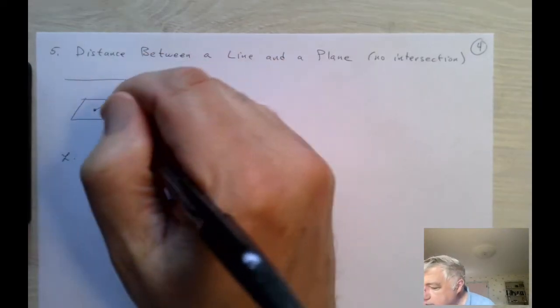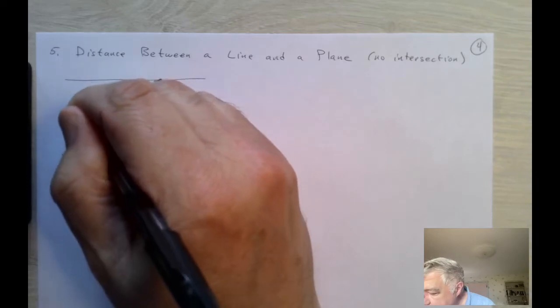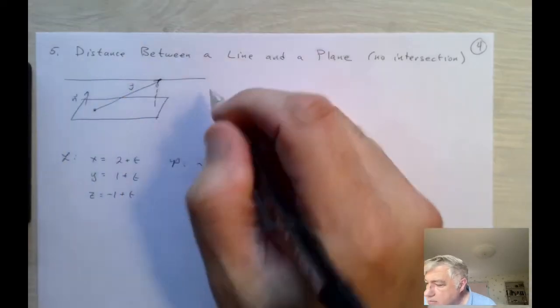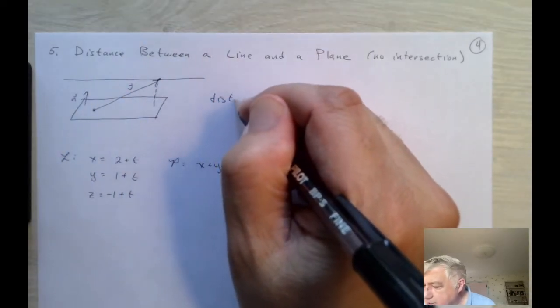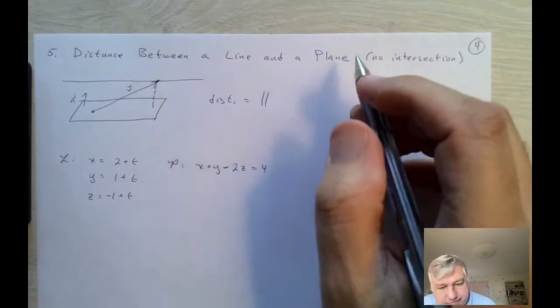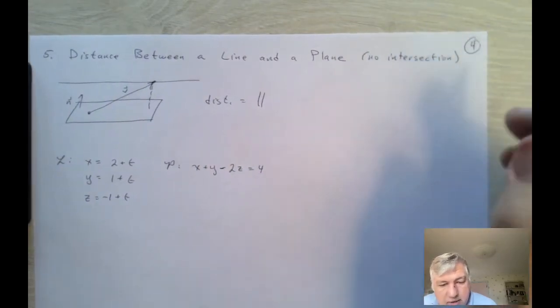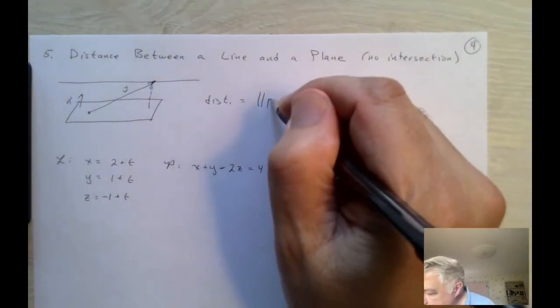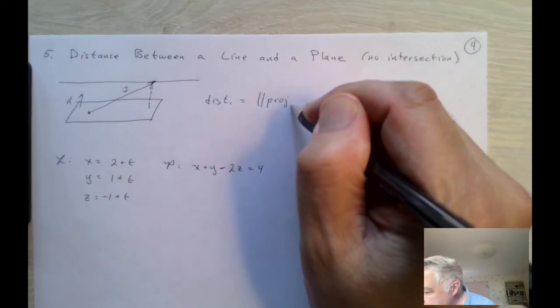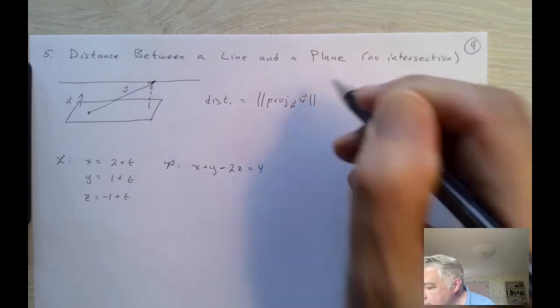So if the normal vector is n, and this is v, once again, the distance will be the length of the projection of v onto n.